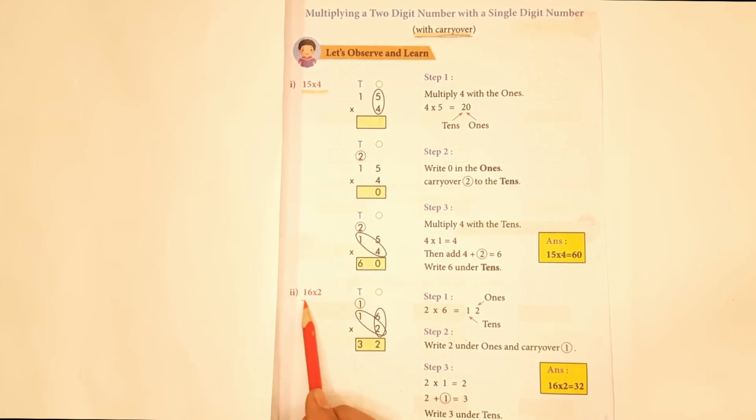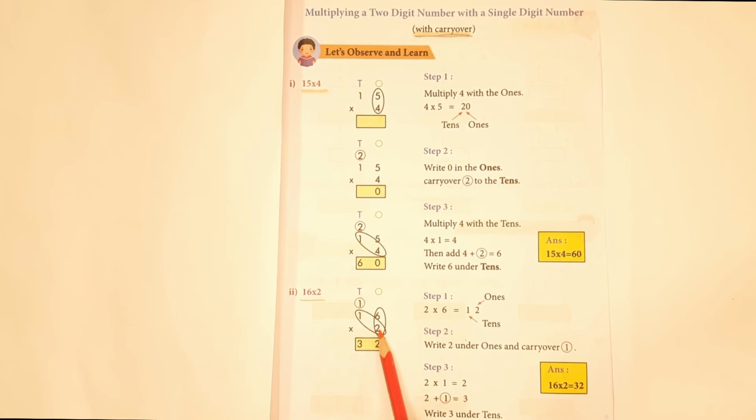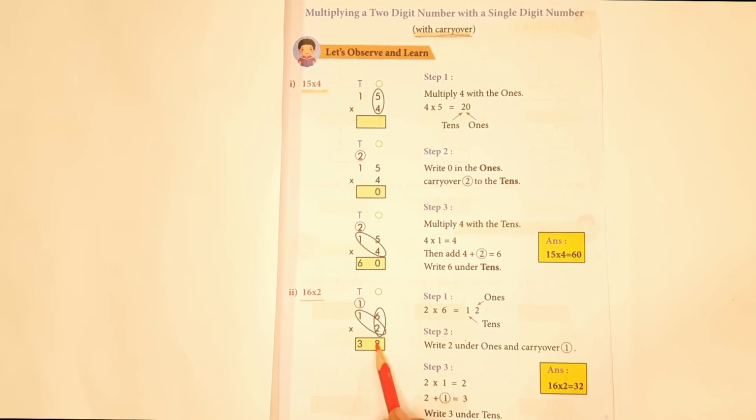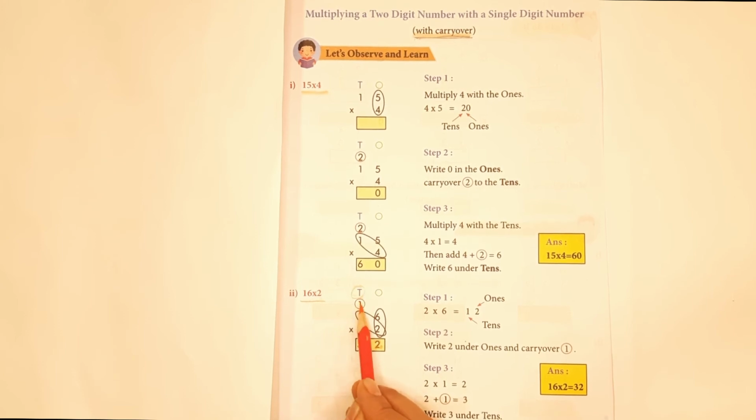Let's do 16 into 2. So we are going to write the 16 and the 2. Step 1 is we multiply 6 and 2. So you will get a two-digit number. We cannot write the two-digit number, so we will write only the ones, in the ones place. And what will we do with the other part of 12? That is the 1, we will carry over to the tens.